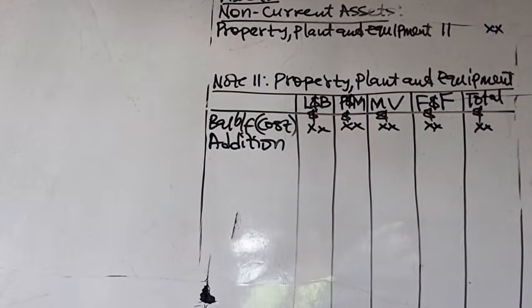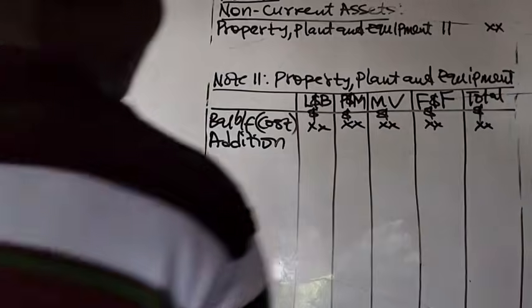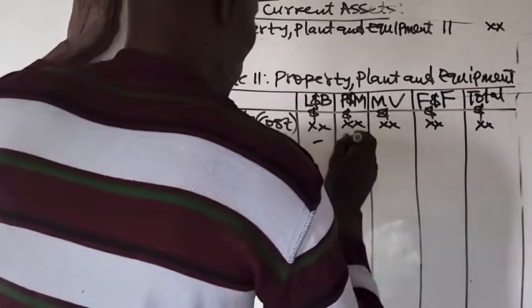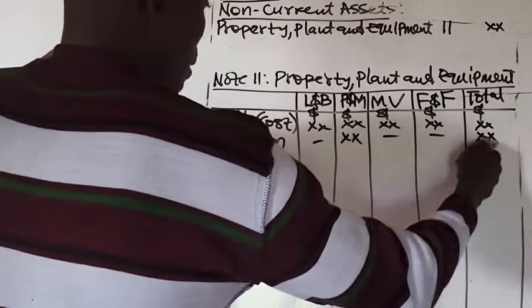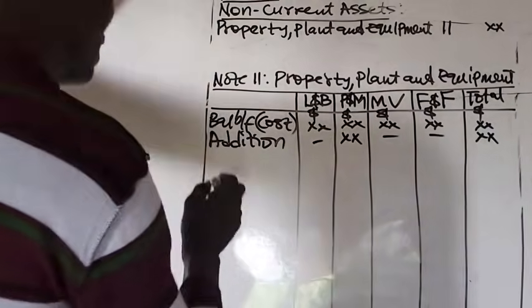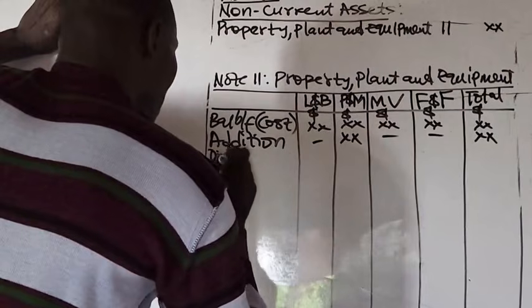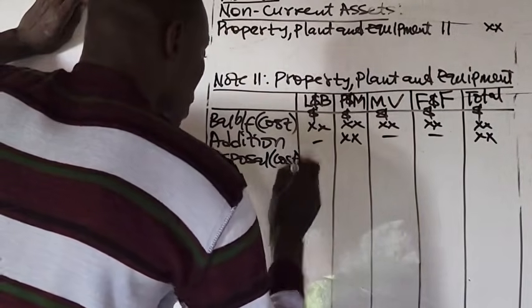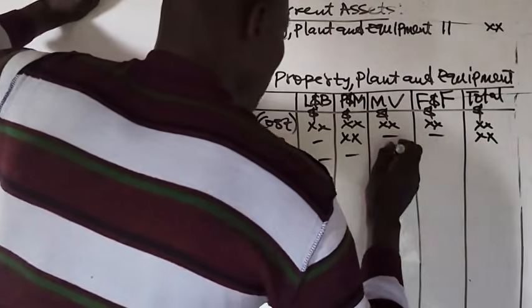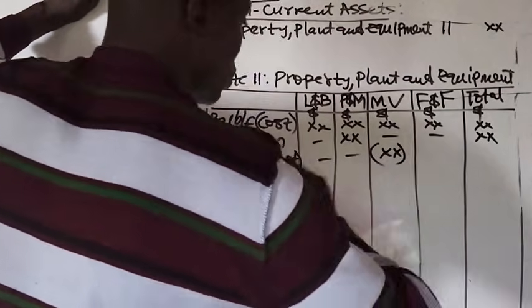It is the one acquired during the year you will have as an addition. Let's assume plant and machinery were acquired. So the same amount will be the total. Then disposal. Disposal here should be reported at cost. Let's assume motor vehicle were disposed during the year. The one disposed will be subtracted.